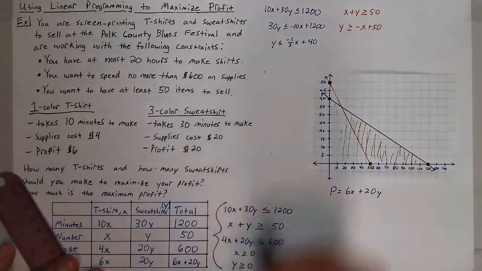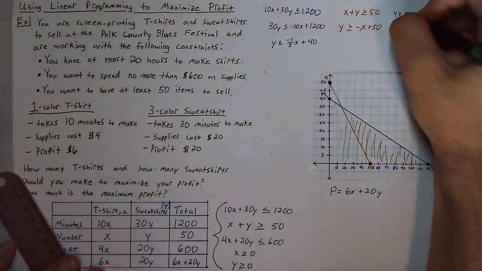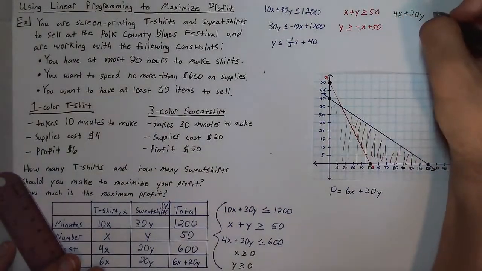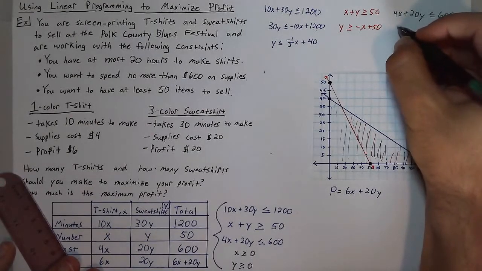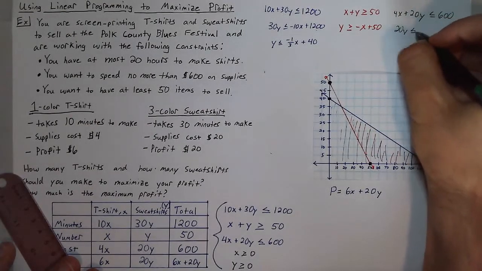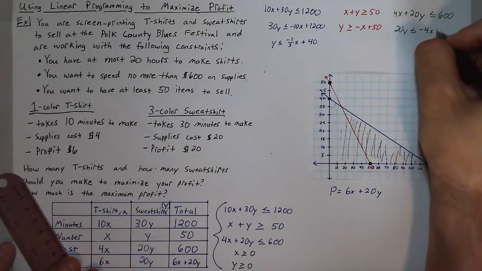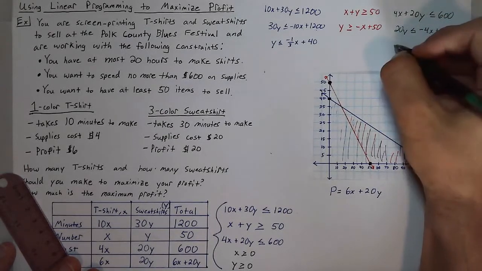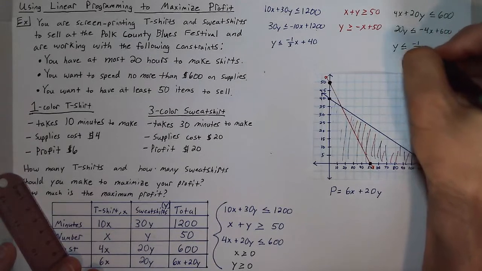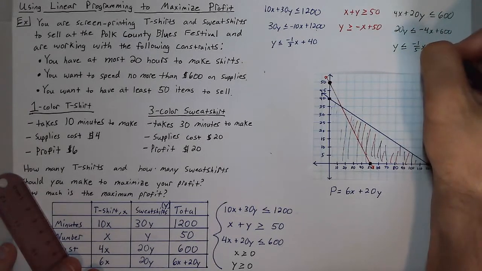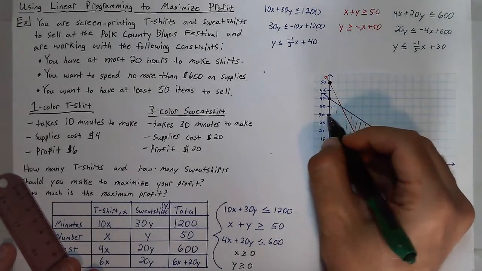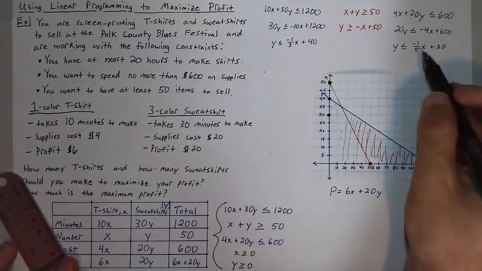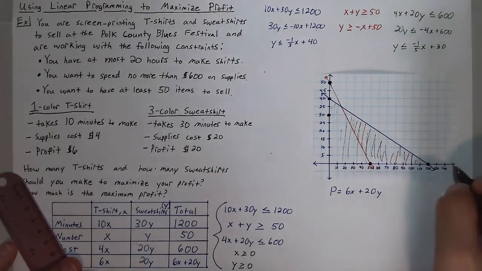But our last one here, we have 4x plus 20y is less than or equal to 600. We'll solve for y. We'll subtract 4x. So 20y is less than or equal to negative 4x plus 600. Divide by 20. We get y is less than or equal to negative 1/5 x plus 30. So I'm here, and again, its x-intercept when I make y 0 will be 150.